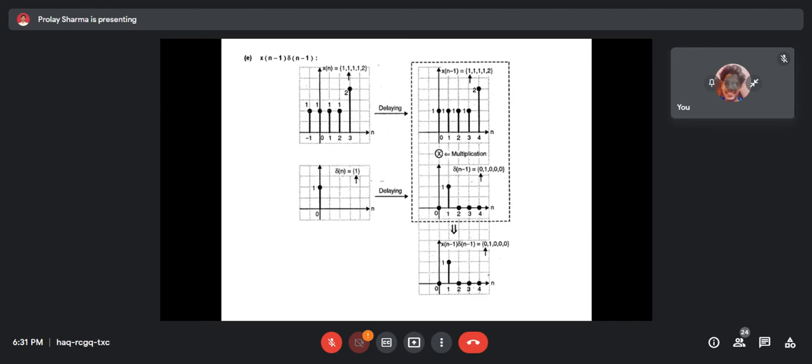Now unit impulse. Unit impulse we know very well. If it is delta[n], the sample value will be there for n equal to 0. If it is delayed by 1 unit, the sample value will be at the 1st position, but for the rest of the values, whether negative or positive, the sample values will be 0 only.